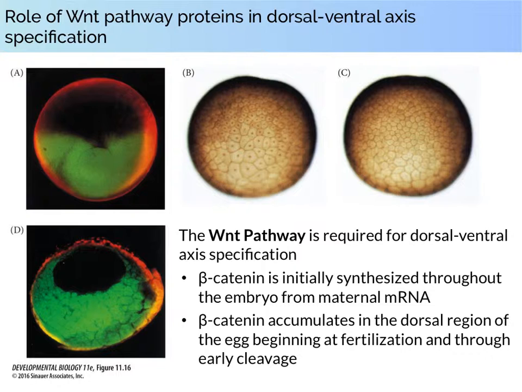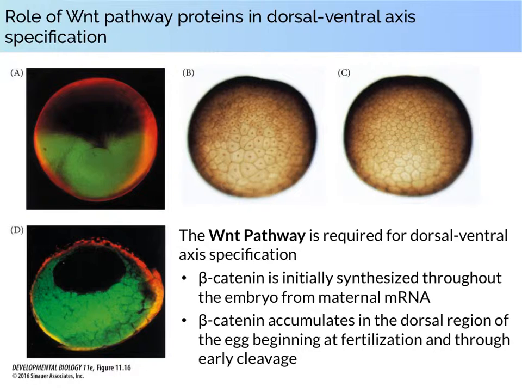Okay, so this is where the side of sperm entry ties into the specification of the dorsal ventral axis because the localization of beta-catenin is affected by cortical rotation, which is induced by the entry of the sperm. Now, beta-catenin is initially synthesized throughout the oocyte from maternal mRNA, and then it starts accumulating in the dorsal region of the egg as a result of the cytoskeletal rearrangement that happens during fertilization and early cleavage.